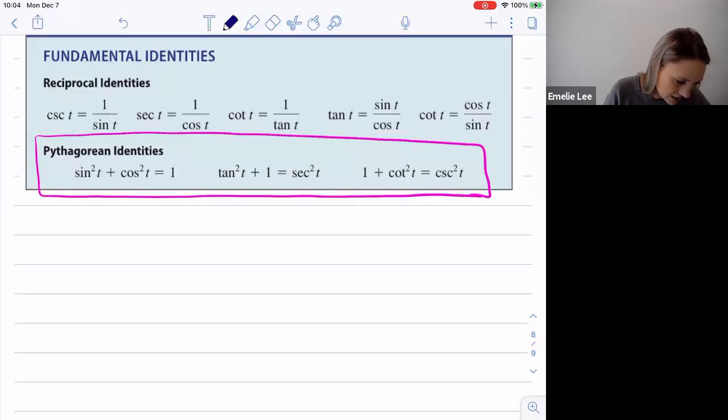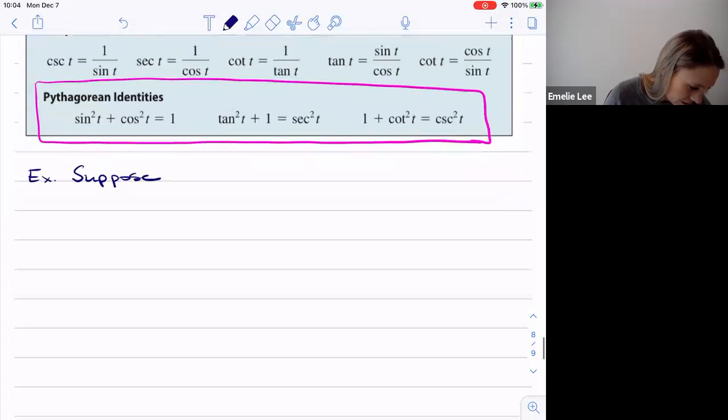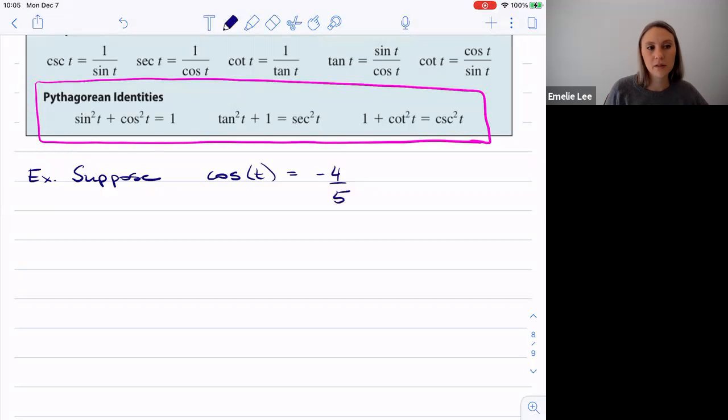So let's see here. Where do we go? Yeah. So for example, suppose the cosine of t is -4/5.